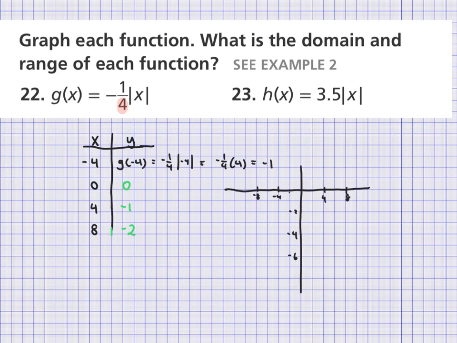If I plug in a negative 4, I get out a negative 1. 0 gives me a 0. A positive 4 gives me a negative 1. An 8 gives me a negative 2. And I could actually plot this one here, and this one here, and this one here, like this. And there we go. So here's my graph.